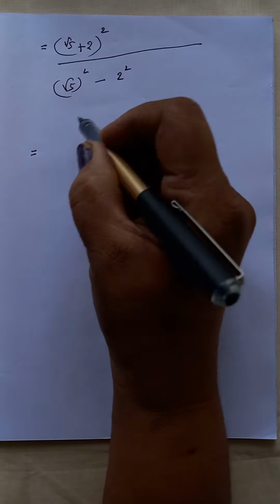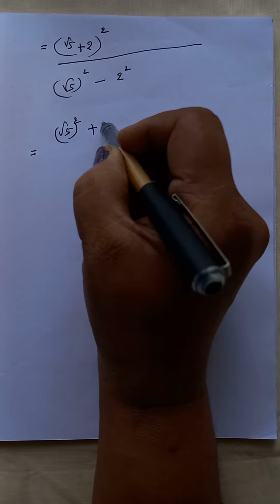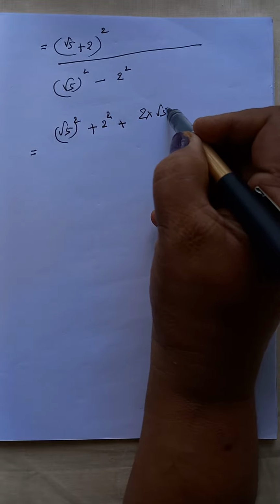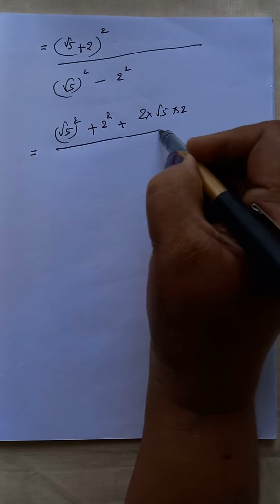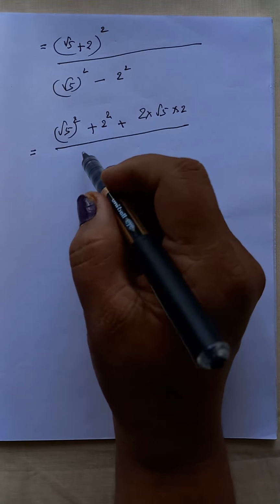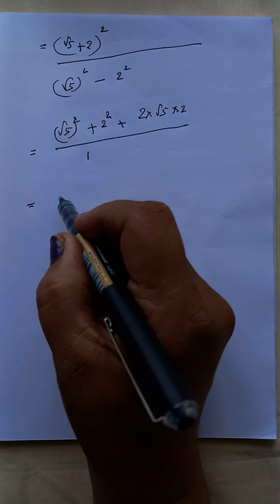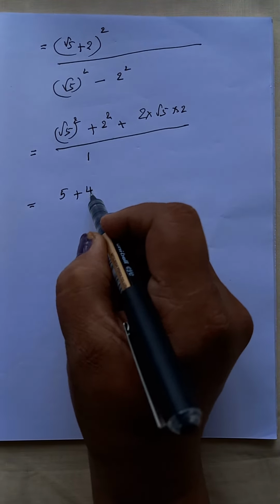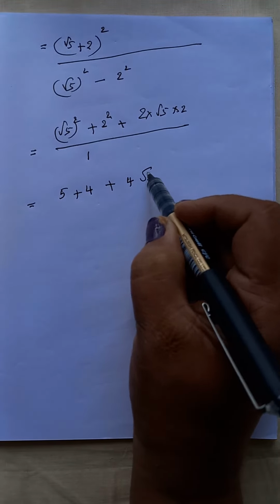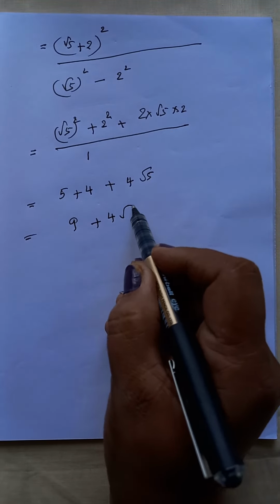That is equal to root 5 square plus 2 square plus 2 into root 5 into 2, divided by root 5 square is 5 minus 2 square is 4. So here the denominator is 1. So this is root 5 square is 5 plus 2 square is 4 plus 2 into 2 is 4, 4 root 5. That is equal to 9 plus 4 root 5.